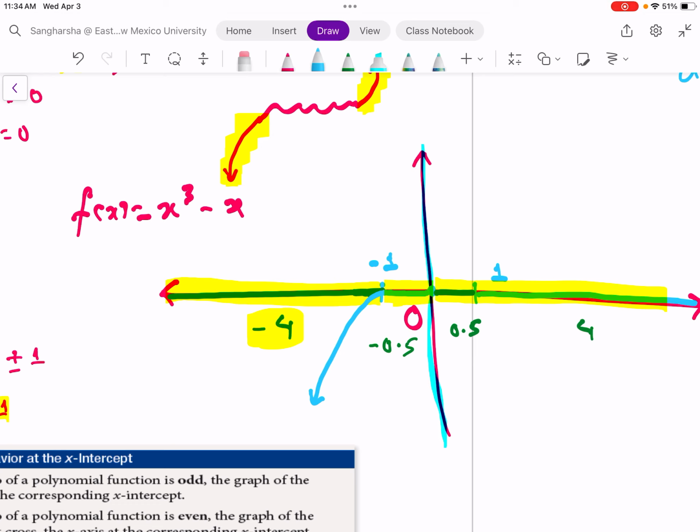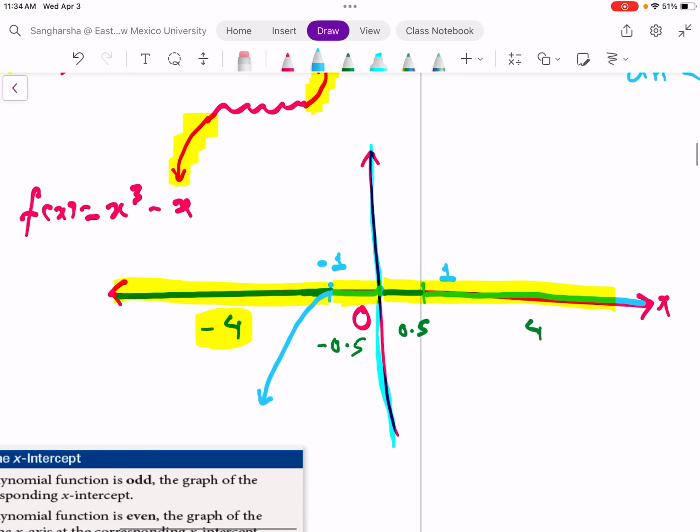Okay, now let's see what happens at negative 0.5. Now we substitute negative 0.5 into the function. So what would be the function? Is it positive or negative? So let's substitute. We have negative 0.5 cubed. Okay, let's use a fraction, fraction is going to be easy.